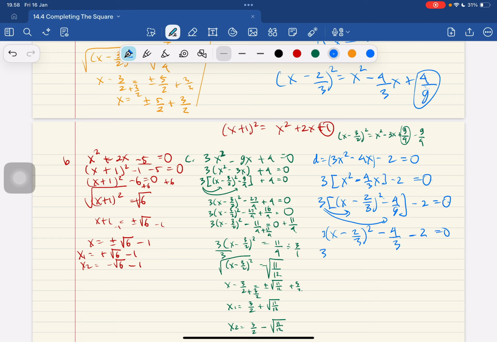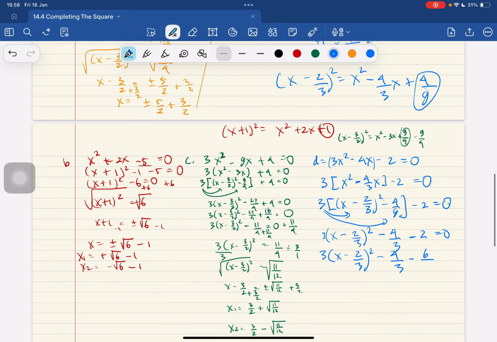This 2 we need to multiply by 3, so it's going to be 6 over 3. So 4 over 3 plus 6 over 3 is 10 over 3. So we got 3 times (x minus 2 over 3) squared minus 10 over 3 equal to 0.